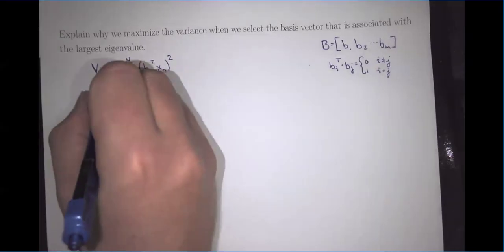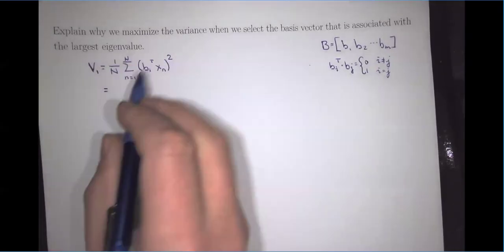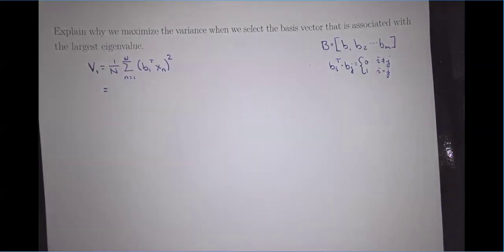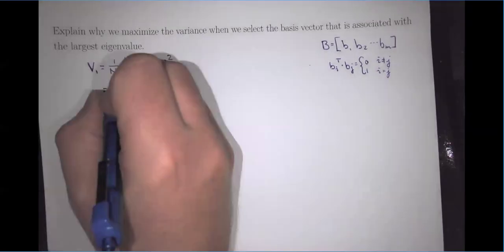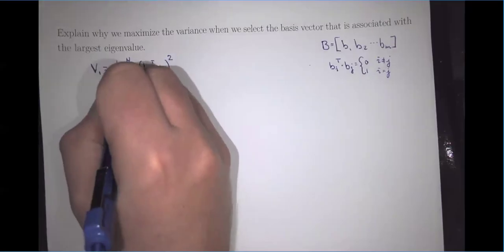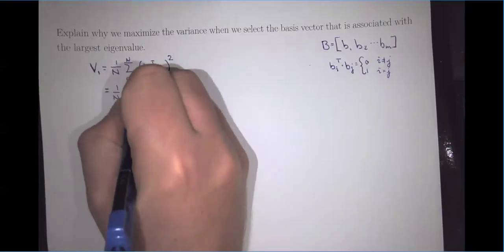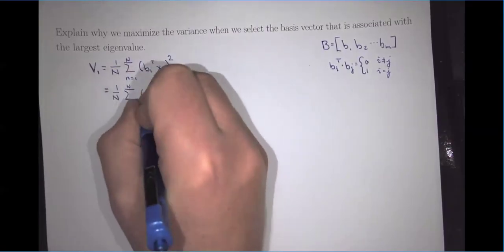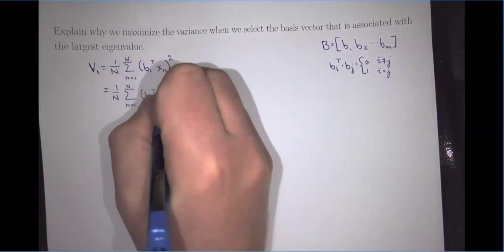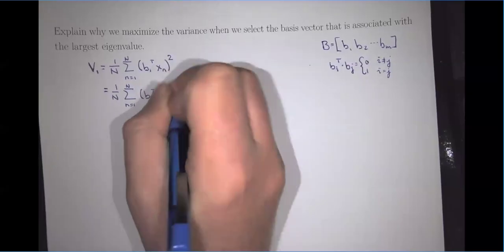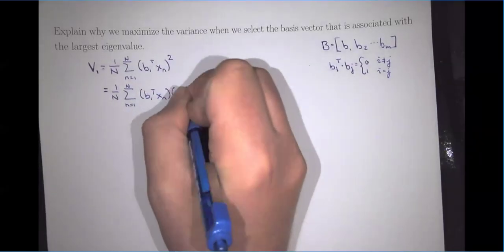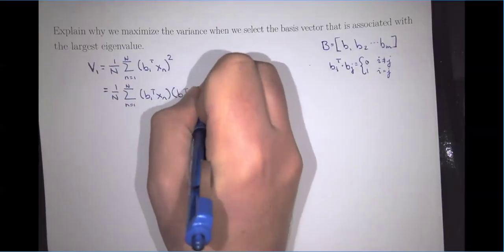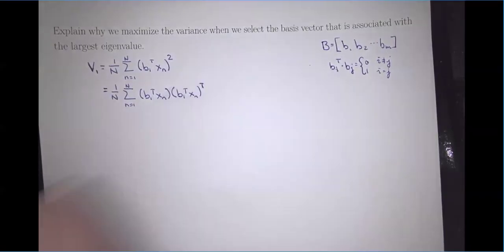Okay, and again, this is what the variance is equal to because the data has mean 0. So this is 1 over N times the sum from 1 to N of B1 transpose xn times B1 transpose xn, transpose.